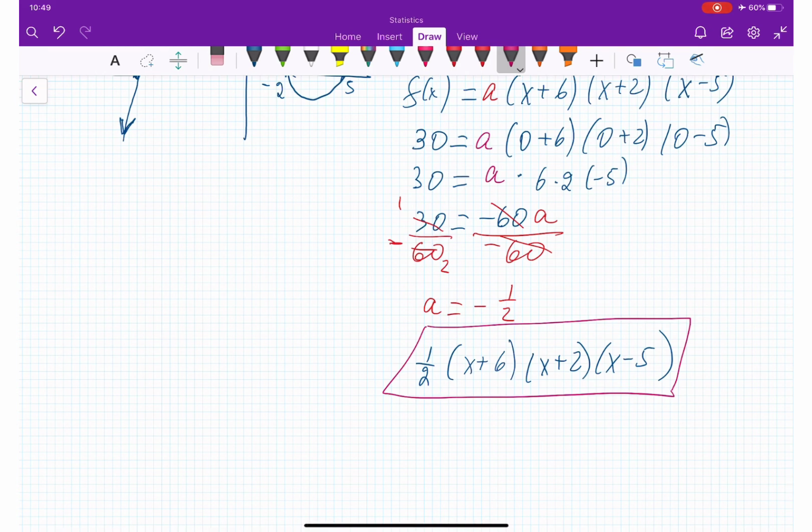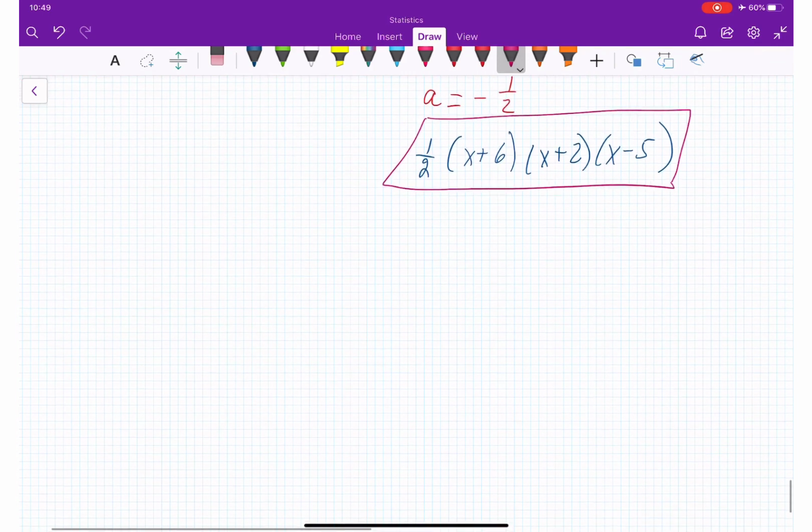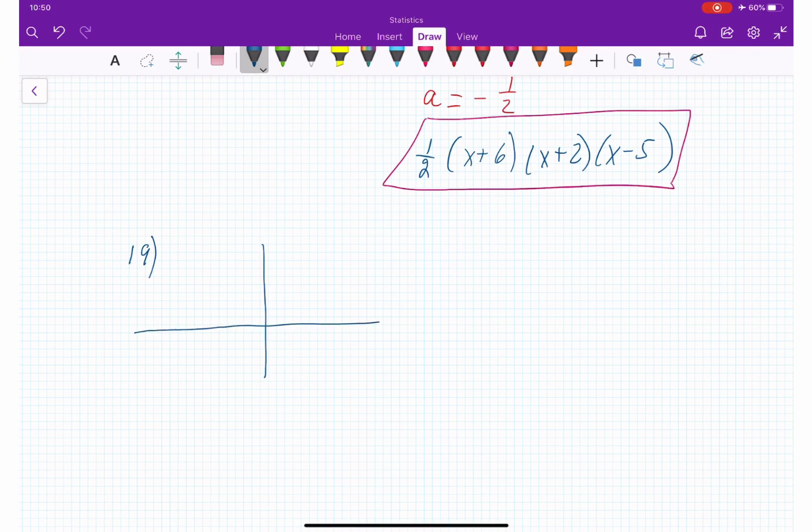Okay, and the last one, question number 19. So we have a graph. It's coming from negative 5, and then here is 0, 9, dropping to 3 and turning around up.